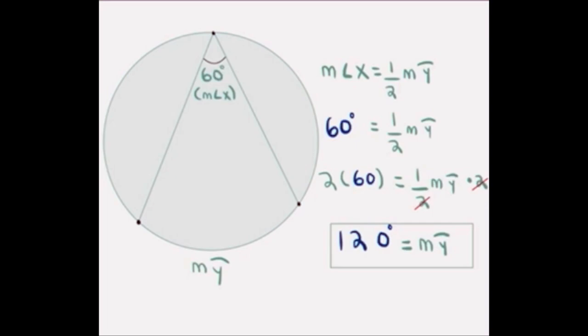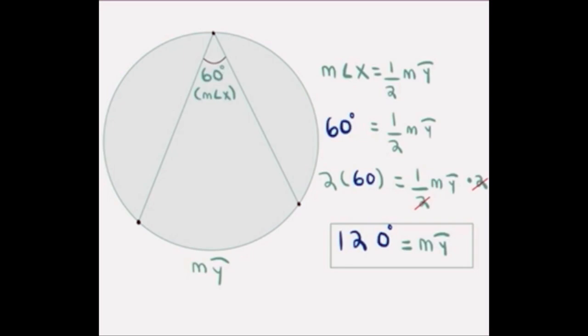Now let's apply this definition in another way. How about if we have the measure of angle X rather than its intercepted arc? We are given that the measure of angle X is 60 degrees. So if we substitute that in and multiply both sides by 2 to get rid of the fraction, we get that the measure of arc Y is 120 degrees.